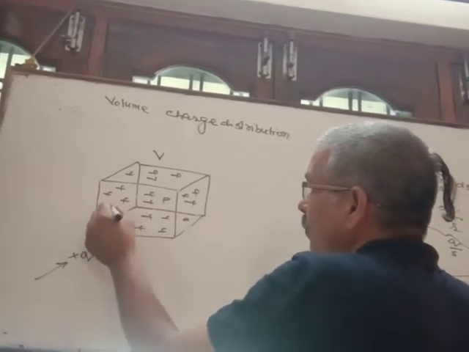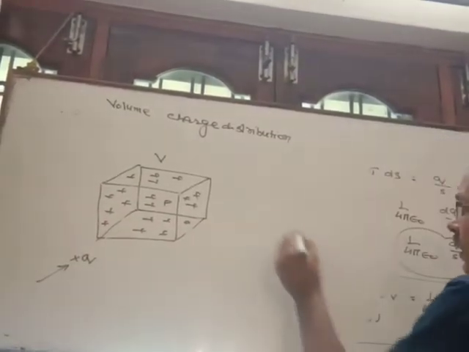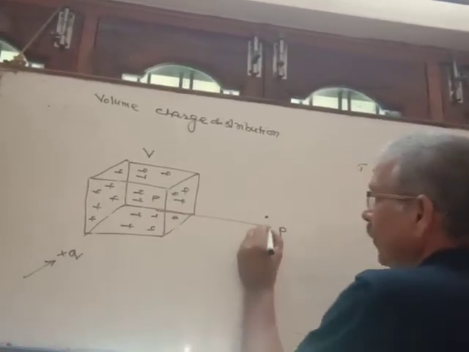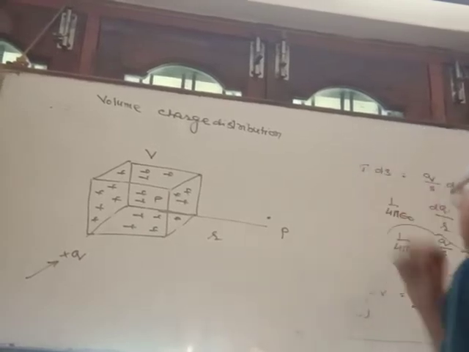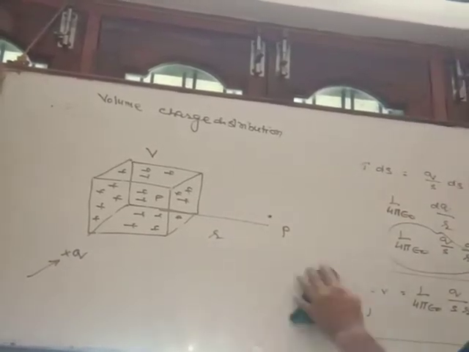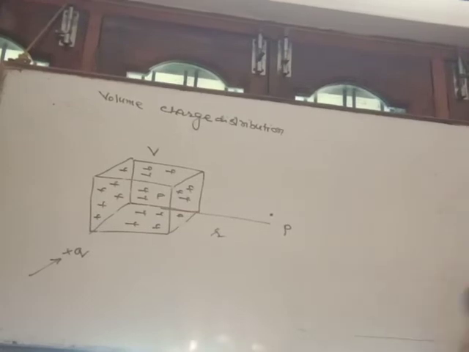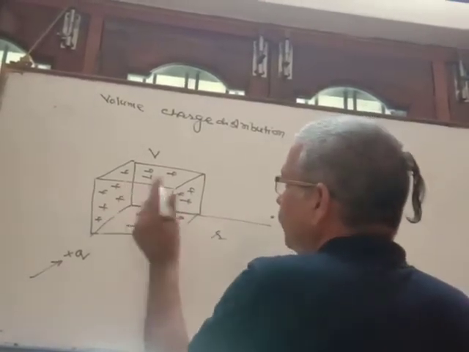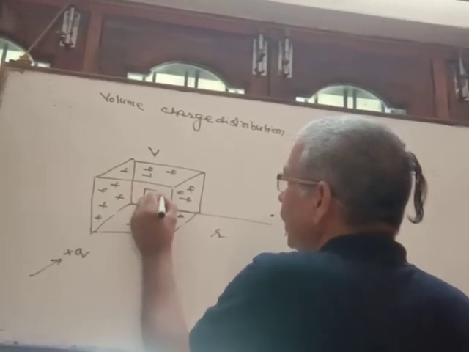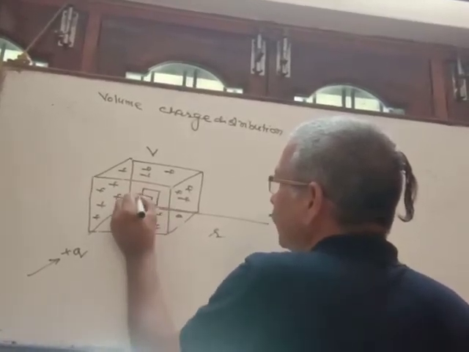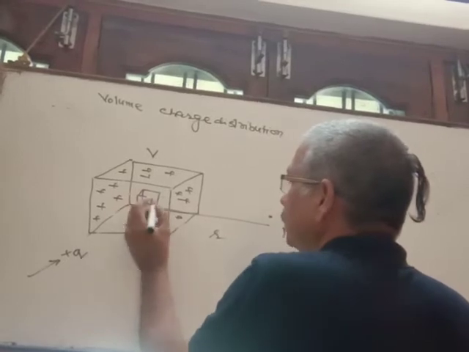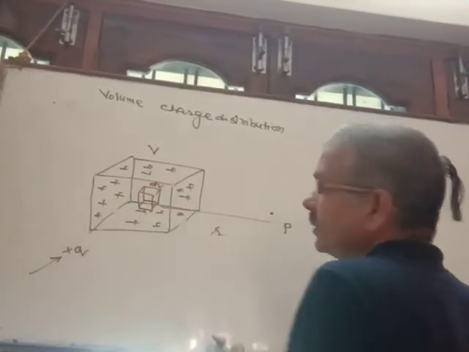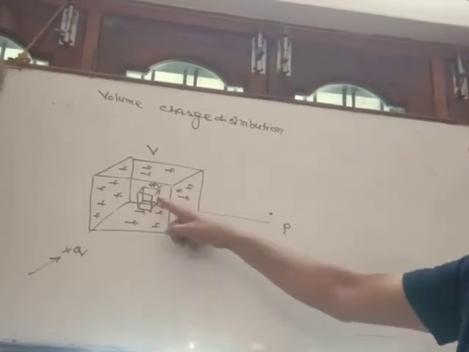And we have to calculate the potential at point P, which is at distance r from the charged body. For this purpose, we take a very small segment of this body, a very small cube taken from the given cube, and suppose its volume is dV. This is the volume of the segment.